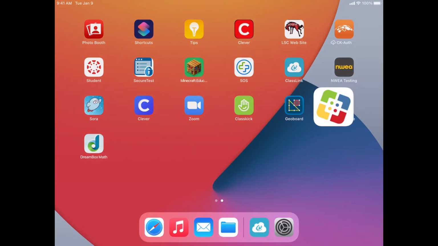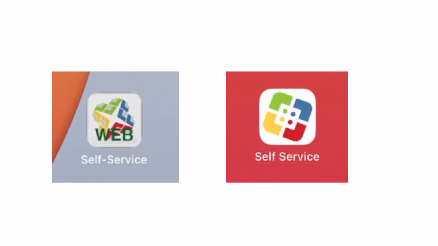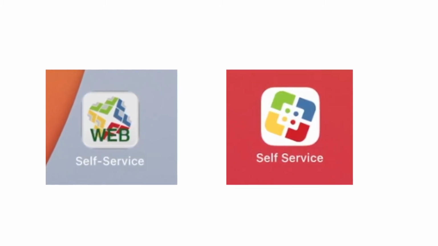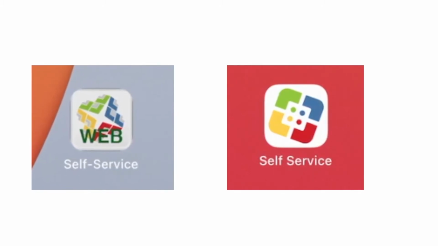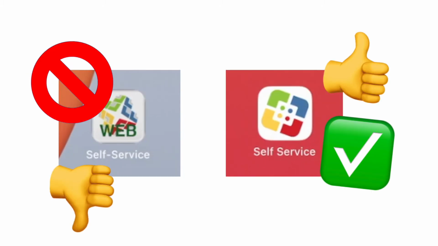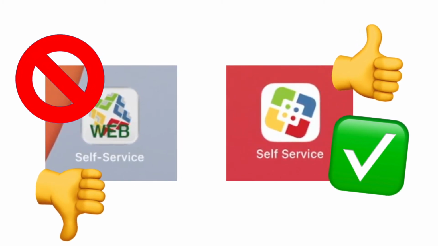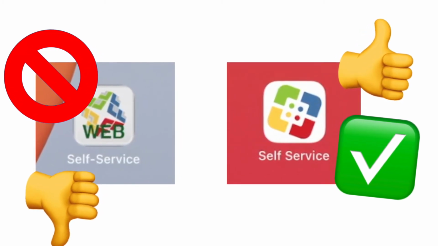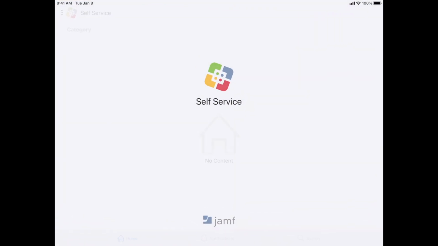Among the apps that have loaded on your home screen, you'll probably notice two apps that are called self-service. One of those says Web on the icon. Eventually, this web self-service will disappear from your iPad, so we won't be using that app. Open the other self-service icon. Self-service is the app that you will use to download other apps.